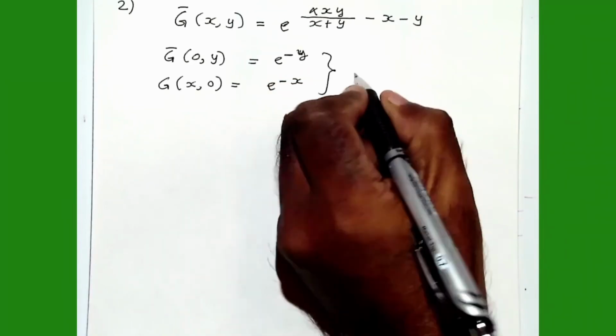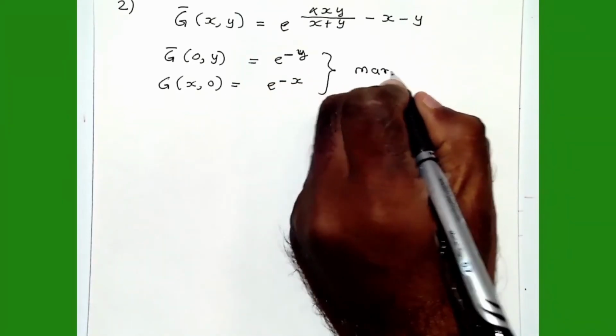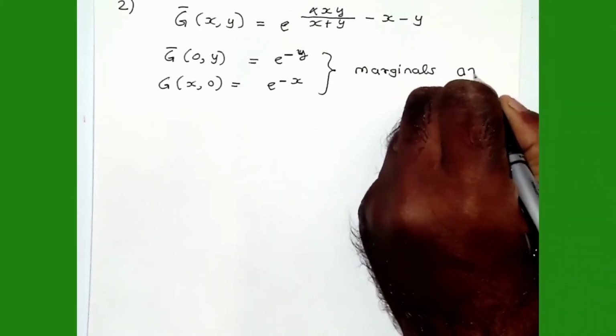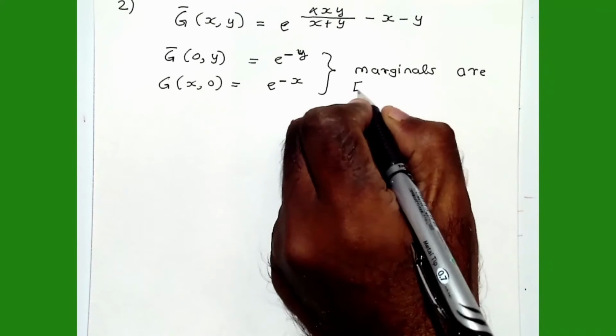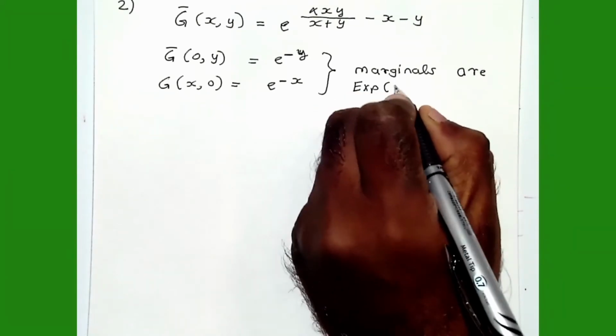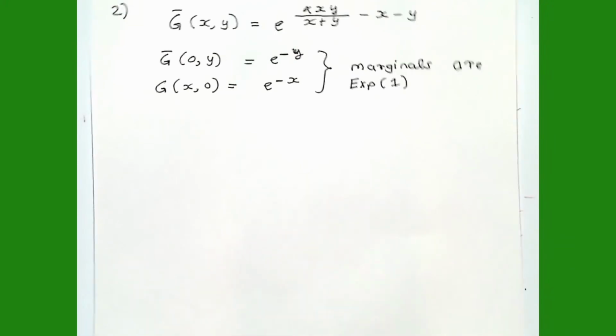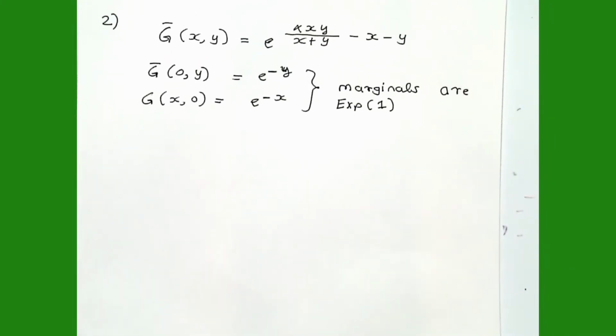So which means that the marginals are exponential, right? So once again we need to use the representation 4 I talked about on the video on extreme value or bivariate extreme value distribution, right?